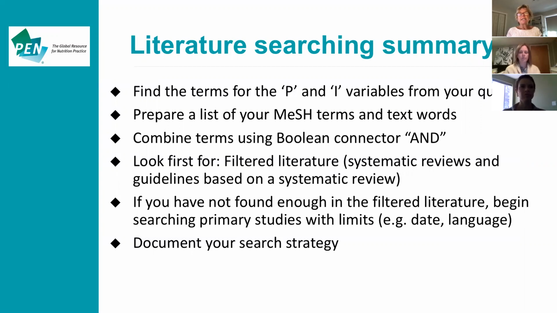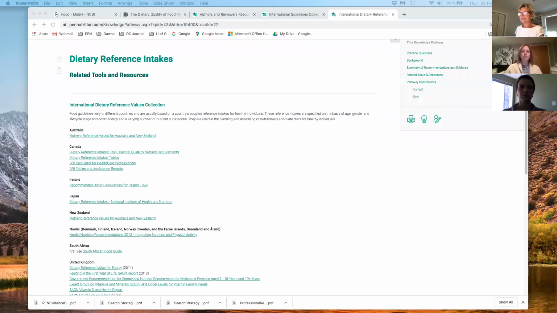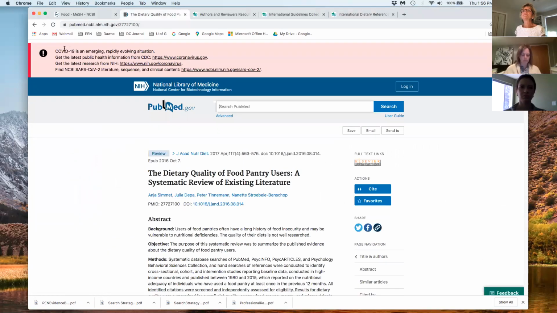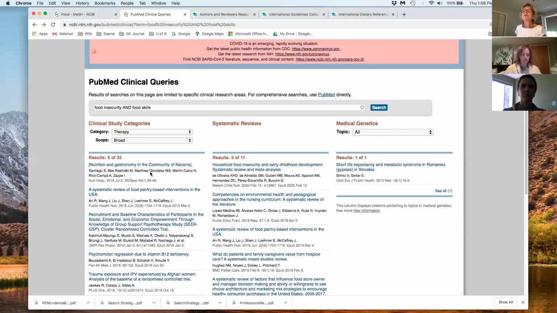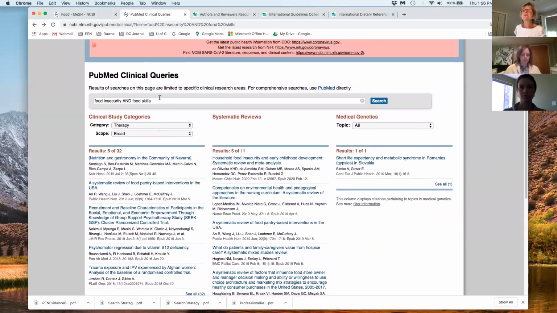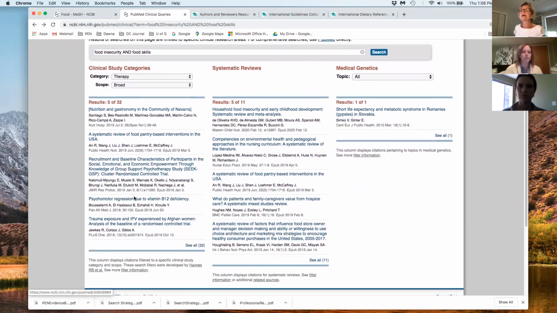If you haven't found anything or enough in the filtered literature, look at primary studies with limits. I didn't really talk about that too much, but maybe we can go back to an example of some of the information that I found. If we're looking at primary studies here, this was on food insecurity and food skills, systematic review is coming up here.